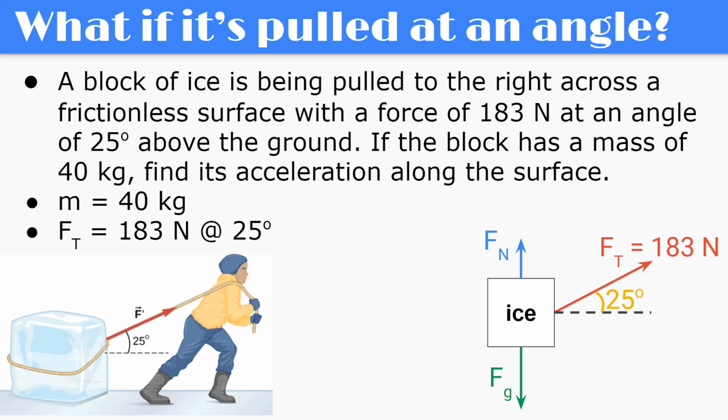My vertical net force still has to be 0, but now I have 3 vertical forces. Because he's pulling it at an angle, a portion of his force is upward. That portion of his force will add with Fn, and it will still together equal Fg. Okay, but we're going to have to solve for that portion so you can figure out exactly how long to draw that arrow. I don't know how long, I just drew it a little shorter than Fg.